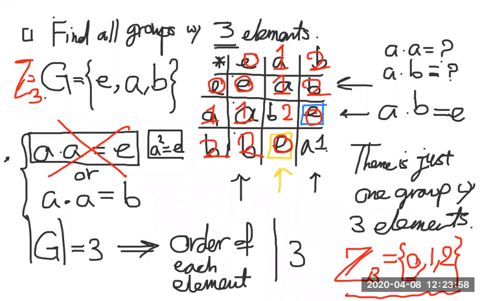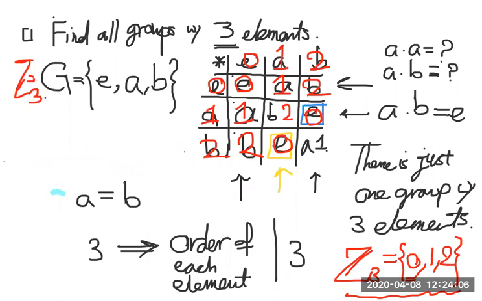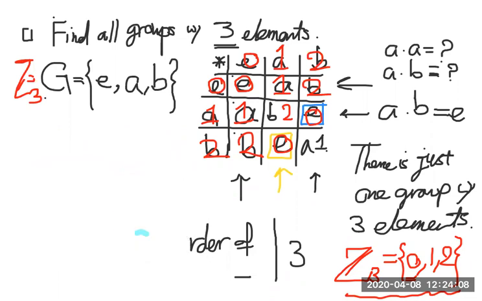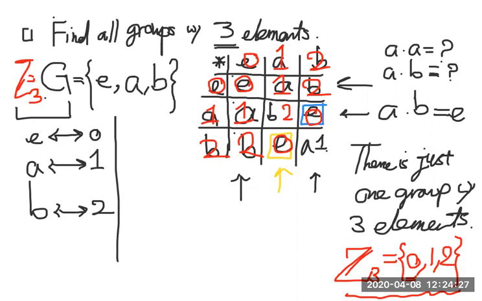So what you said that we can take A to be 1 and B to be 2 is correct. So let me write it here. In order to show G is equal to Z3, we can say E corresponds to 0. We can show A corresponds to 1 and B corresponds to 2. What if I tried the other way around?